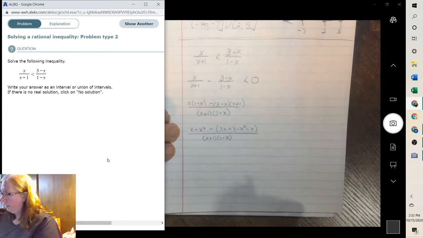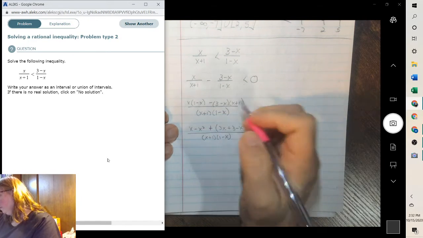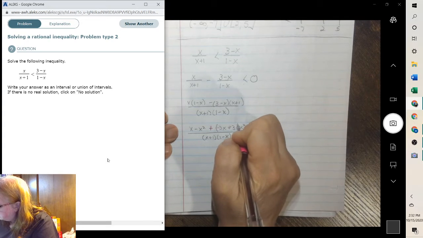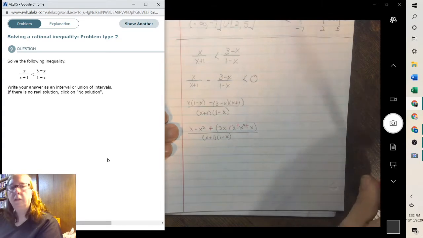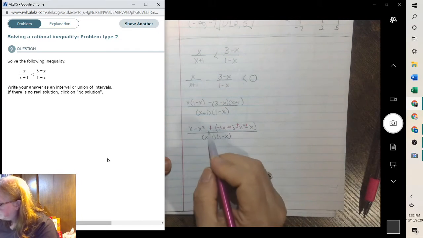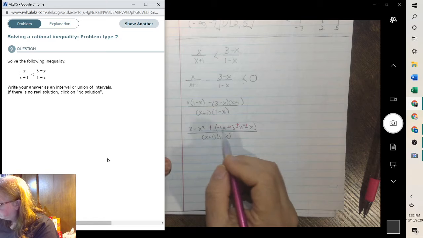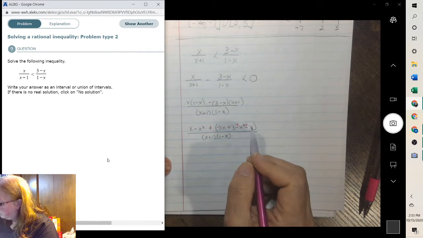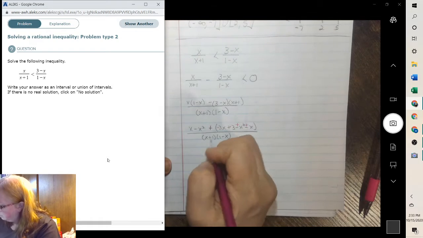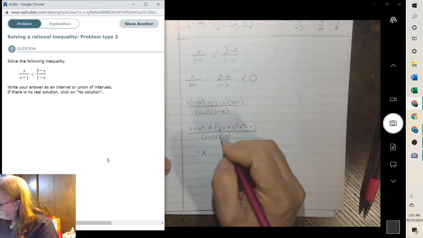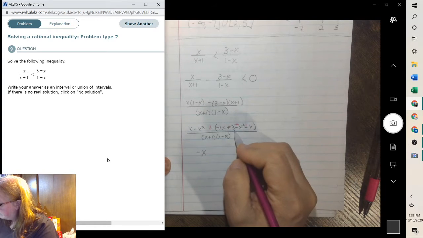Rather than rewriting it, I'm going to make this a positive, and then that will change my signs. So my x squareds cancel. And then I have x, a negative 3x, and a positive x, which just gives me negative x minus 3.